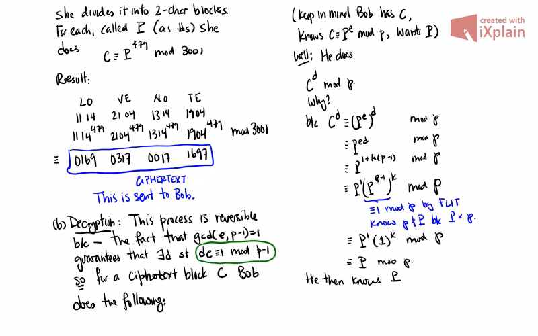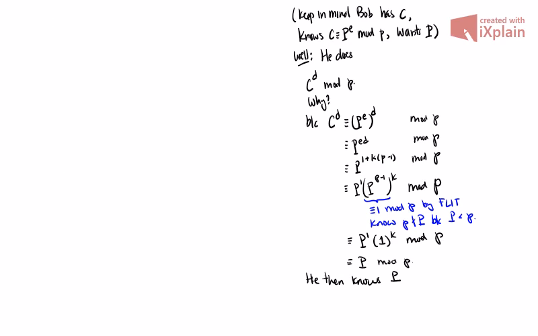So let's do an example. Just before the example, note that to encrypt, Alice needs E, P with GCD of E and P minus 1 equal to 1.